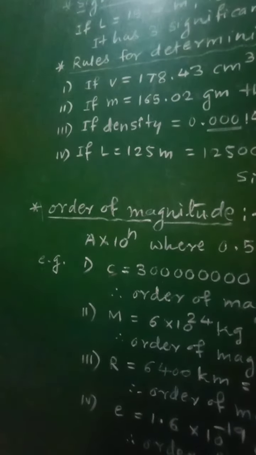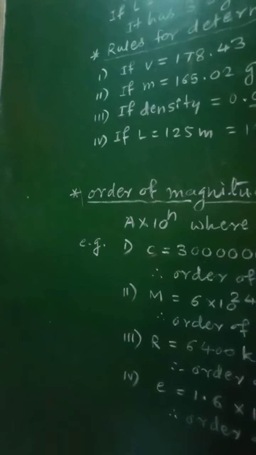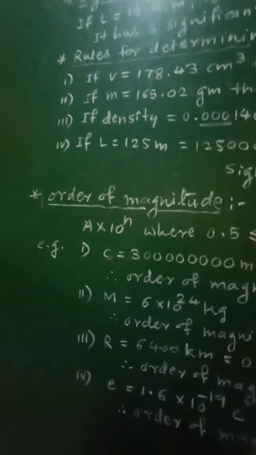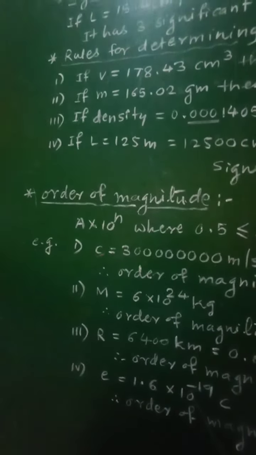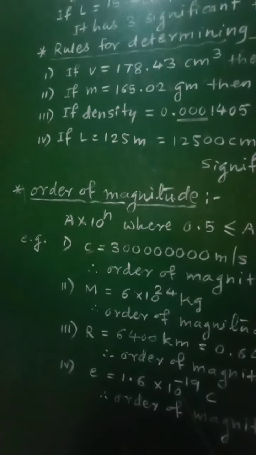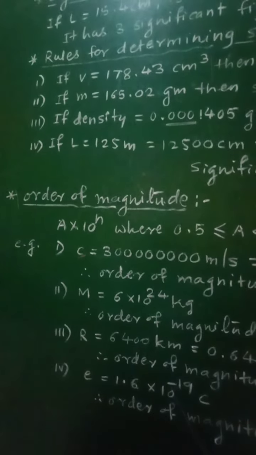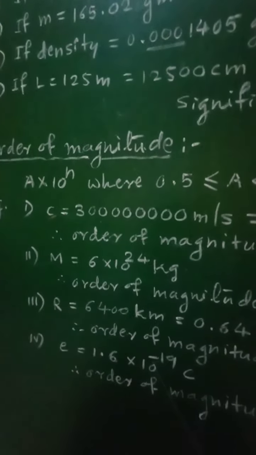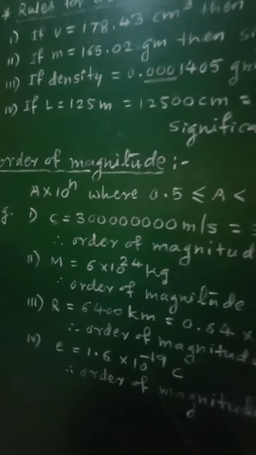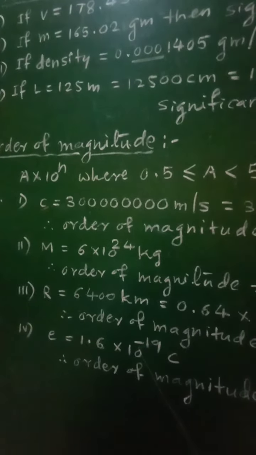Now let us consider the next term, that is order of magnitude. What is that order of magnitude term? While dealing with different measurements, sometimes the measurements are very small, and sometimes they are very large, and hence they must be expressed in powers of 10 so as to write these measurements in a proper manner, because it would be very hard to write very small as well as very large measurements.